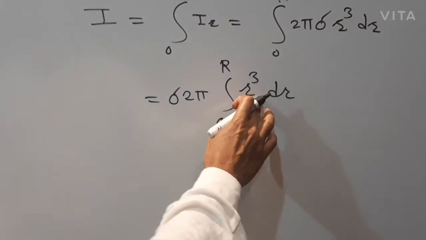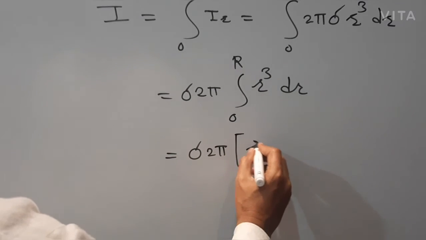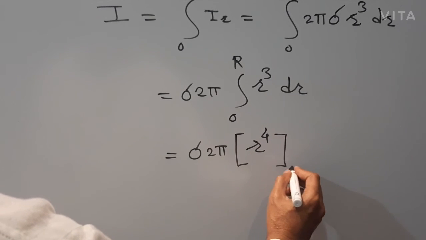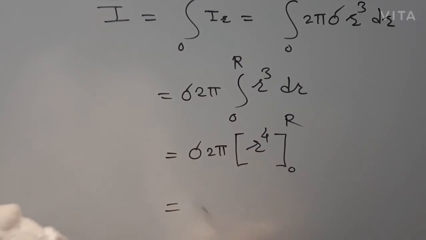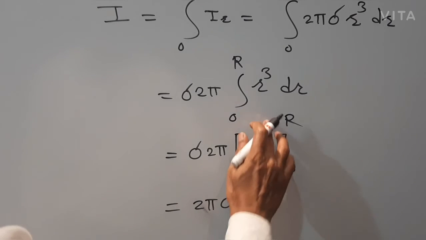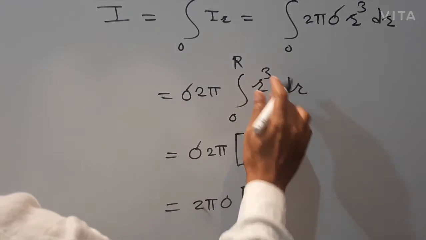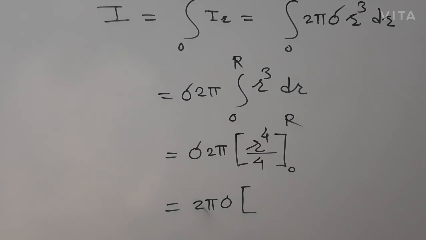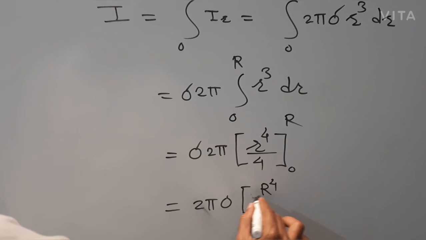We know that the integration of r cube is r raised to 4 divided by 4, from 0 to capital R, and it becomes 2 pi into sigma, and in bracket capital R raised to 4 divided by 4.